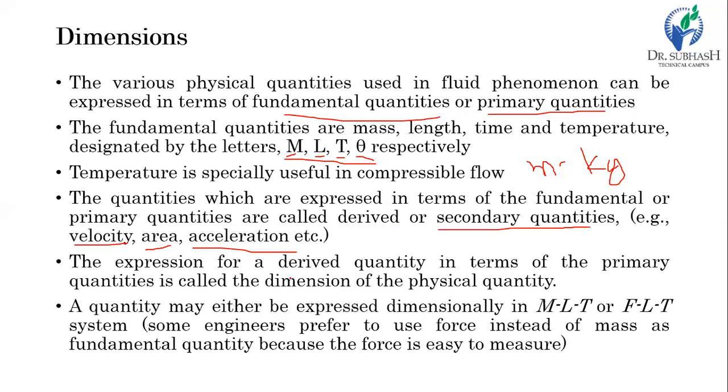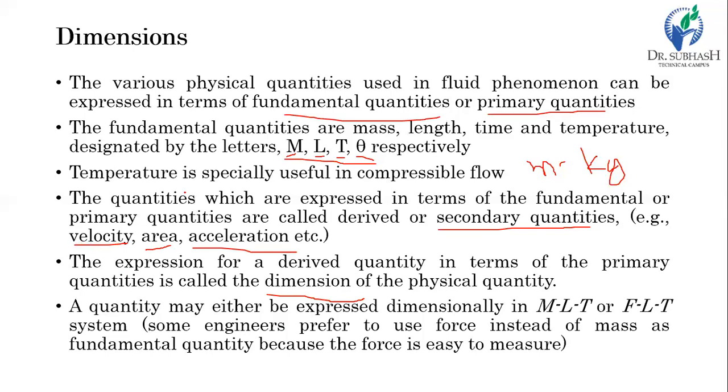The expression for the derived quantities in terms of the primary quantities is called the dimension of the physical quantity. Let's discuss velocity, whose unit is meter per second.